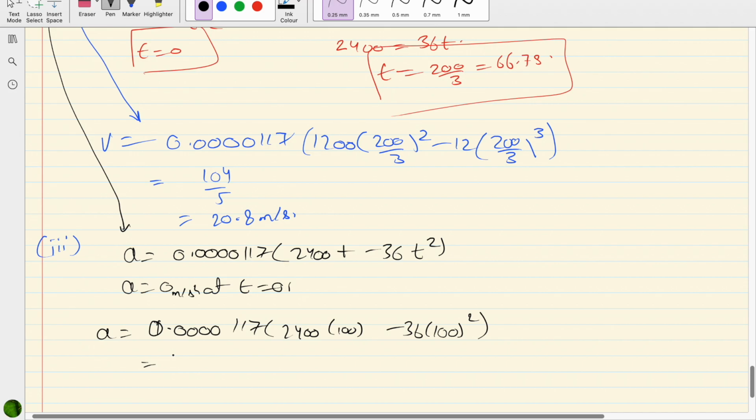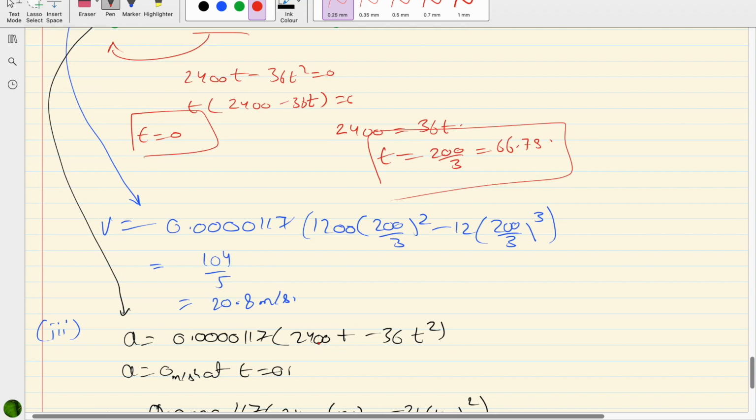Using the calculator, I'm getting a negative value, which is negative 351 by 250, exactly equal to negative 1.404 meters per second square. It is negative because it is slowing down, it was coming to rest.